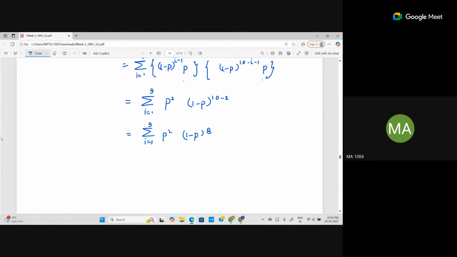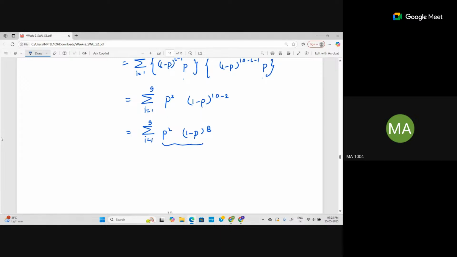Now you can see I is not there in this part, so we just have to add this term 9 times, since it goes from 1 to 9. So 9 will be there: 9 into p square (1 minus p) to the power 8.